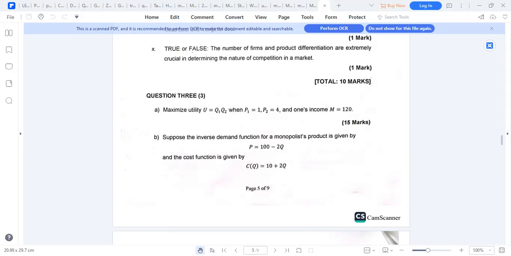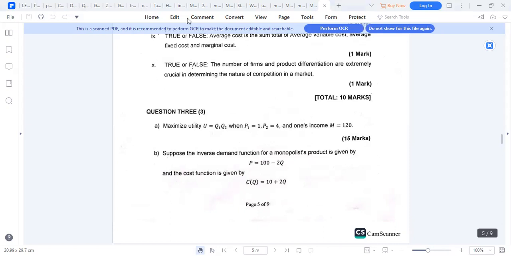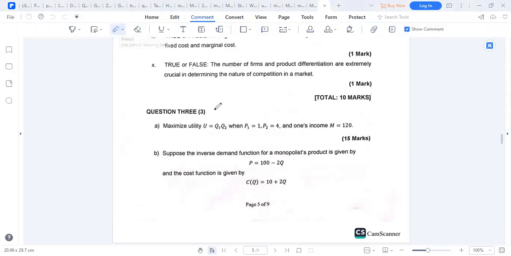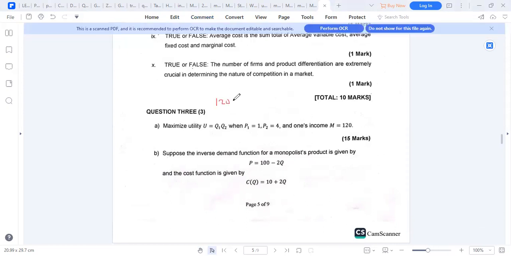We'll first find the budget line, where in this case our 120 is equal to 1 P1 if you want, plus 4 P2, dealing with the functions, correct? And this is x or y, depending on whatever you want. Then the utility function is here.